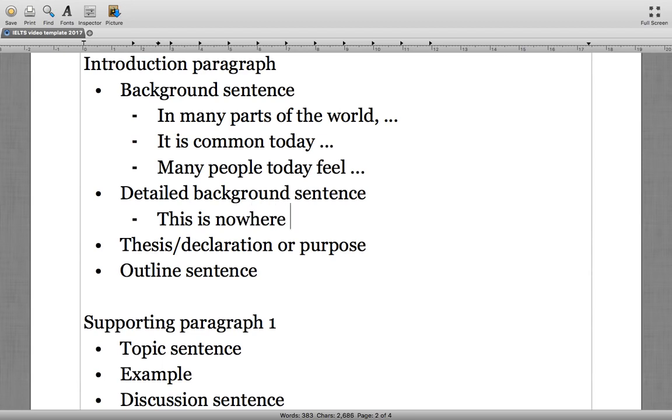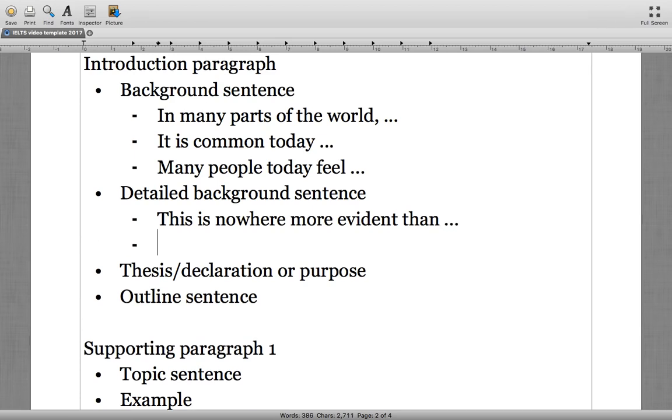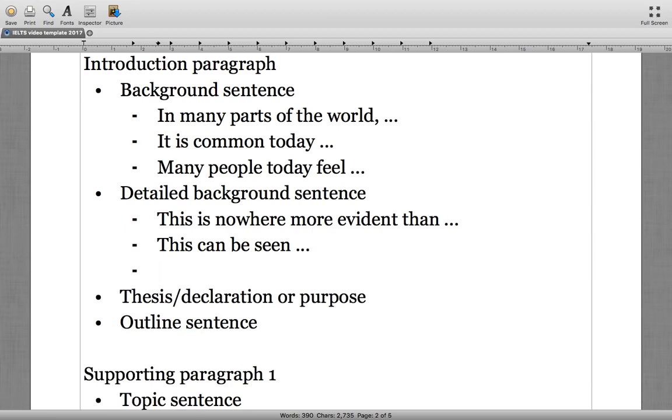So this is nowhere more evident than, okay, or this can be seen, or there are many reasons for this, and progress further.